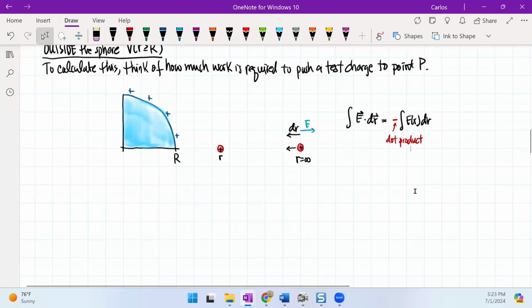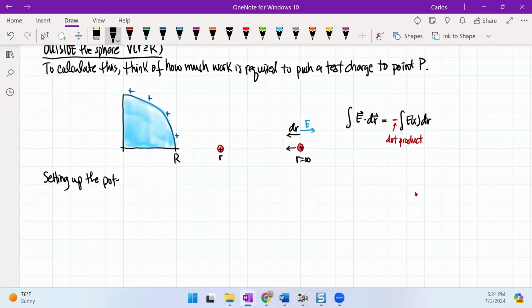So now let's set up the integrals for calculating the potential. I'm looking at starting at r at infinity, and I'm going to take it to somewhere between infinity and big R. In other words, I'm looking for the potential between these 2 points.